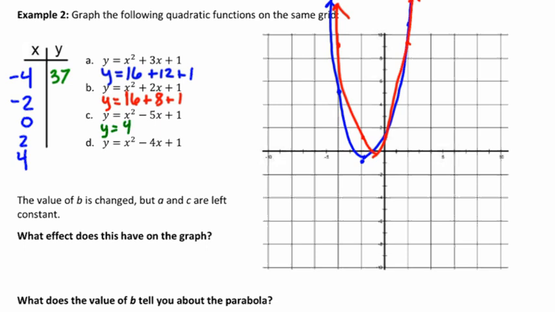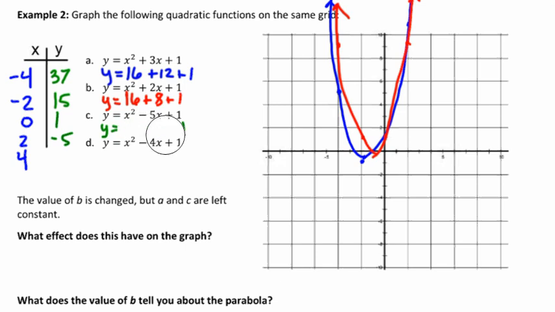Minus 5 times -2 is plus 10 plus 1. So 15. Plugging our zeros in again, we'll just have our 1. 2 squared is 4 minus 10 plus 1, negative 5.